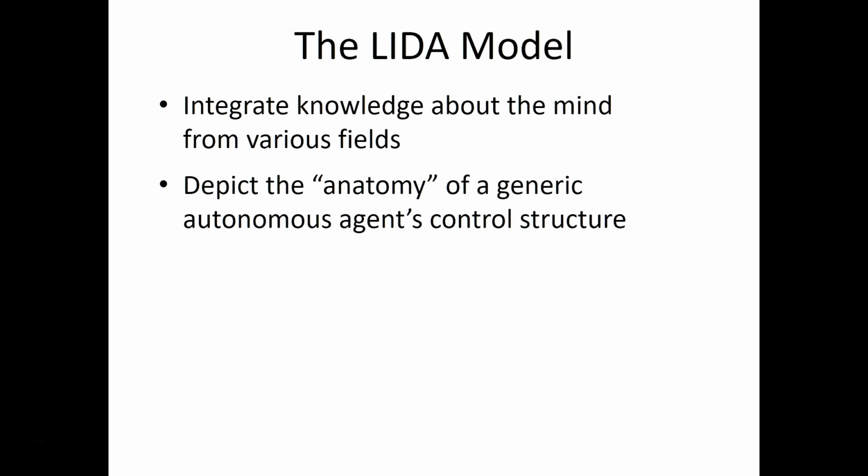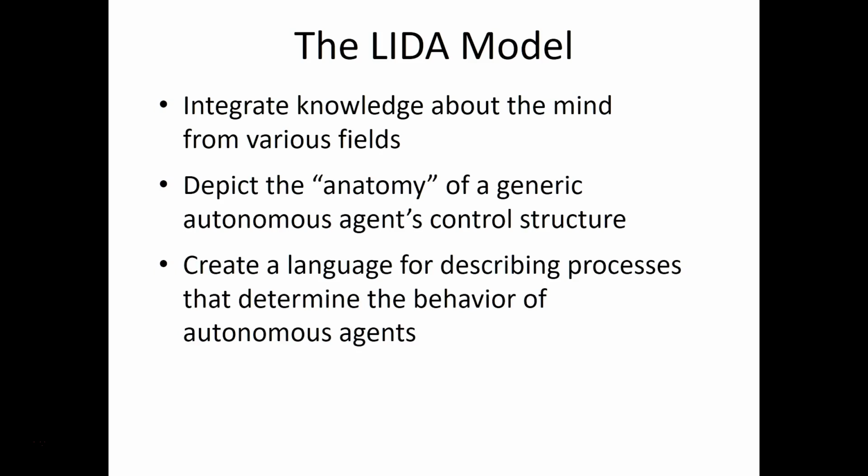We'll also need a language with which to describe mental processes, that is, processes that determine the behavior of agents. In addition to depicting mental structure, the LIDA diagram will also provide us with the elements of such a language.